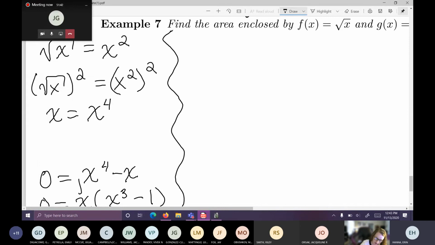So if we divided by x here, we would have gotten 1 equals x cubed, so x equals 1. So we would have gotten x equals 1, which was an answer the other way, but another answer was x equals 0, and I didn't get that this way.